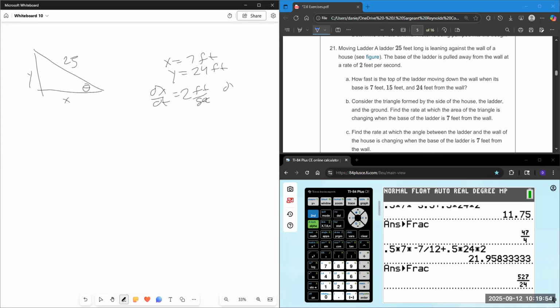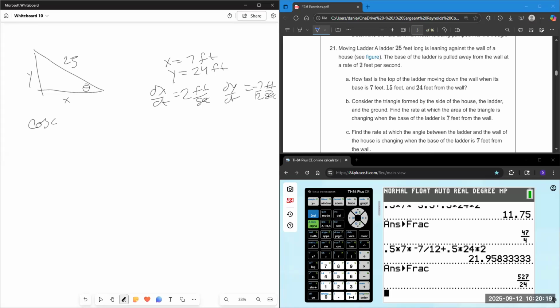And we know dy/dt if we need it because we found it earlier in the problem for this situation: -7/12 feet per second. So let's set up where I'm going to get dx/dt because that was given in the problem, not calculated.